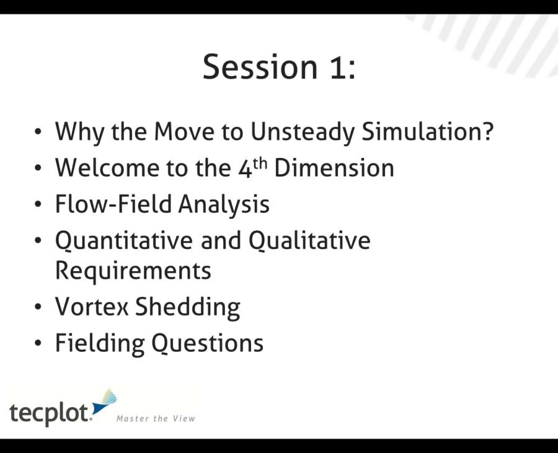We'll talk about qualitative and quantitative requirements, and then we'll look at an example of vortex shedding and use that as an opportunity to highlight some of those changes. And we want to make sure there's plenty of time for questions. So if you've got some questions that you wanted to make sure that we touched on, please have those queued up. As we get towards the end of this discussion, we'll have ample opportunity to talk to those questions.